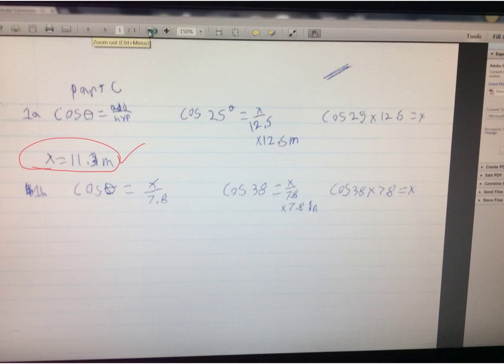So there's no alarm bells going off there, that's perfect.